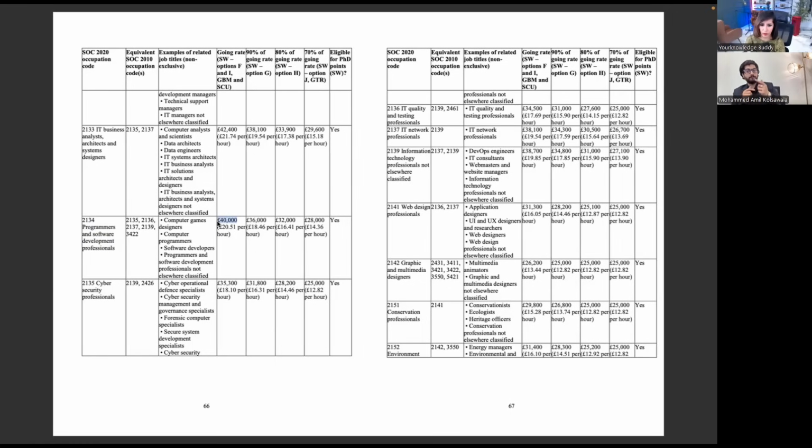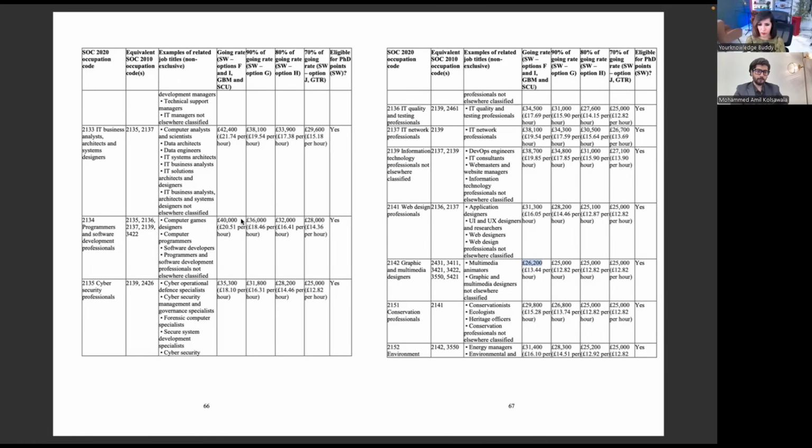But on the flip side, let's say if somebody have got a job as a graphic designer pre-April 2024, okay? So their salary going rate is 26,200. But what we need to remember under the transitional period for people before April 2024, the going rate would be 31,400. So we have to take whatever is higher.